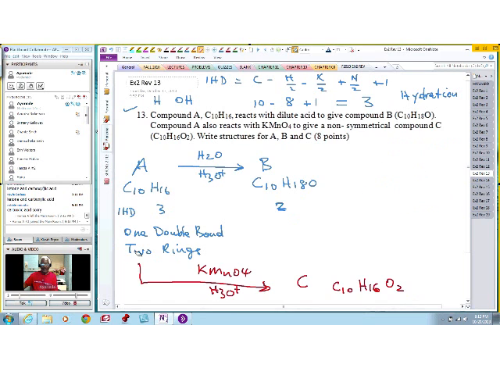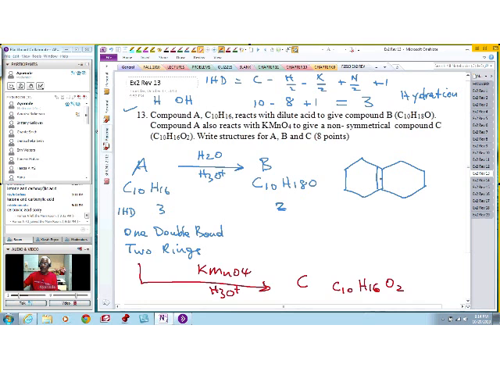Keep in mind, we told you that compound A must have 2 rings. The formula is C10. This is one possibility. We must have 2 rings, and 1 ring and 1 double bond. Supposing we have the double bond here. Do you know why I put the double bond here?